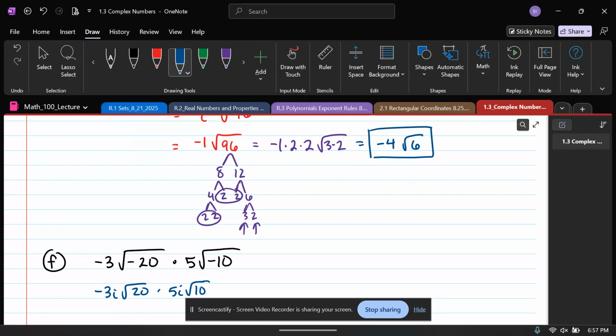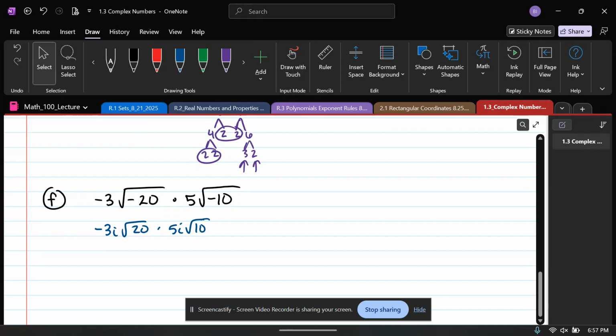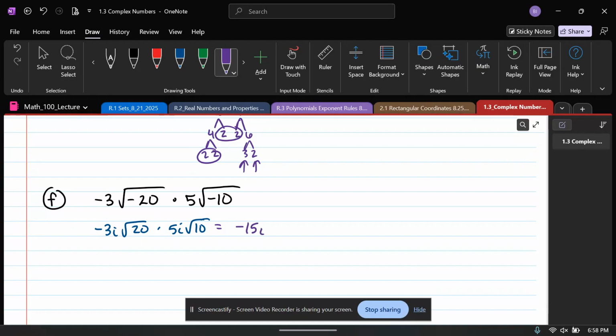Important. Go for the I's. Now, multiply that together. So it's outside times outside, inside times inside. So that's going to be negative 15 I squared radical 200. I know that I squared is what? Negative 1. So this is really negative 1. So what is negative 15 times negative 1? Positive 15.